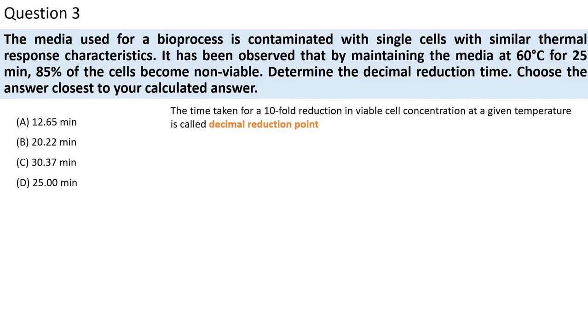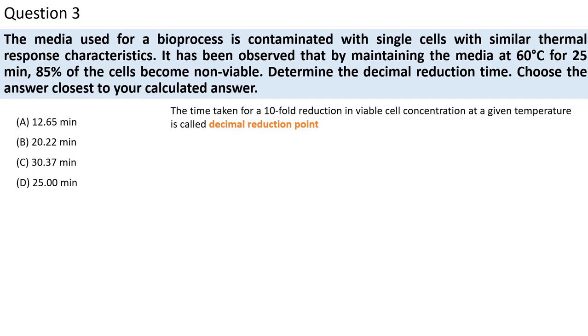So, for example, if you had 100 cells, and at the end of 10 minutes, the viable cell concentration has been reduced to 10, then 10 minutes is your decimal reduction point, because 100 divided by 10 is 10, that is the 10-fold reduction. Whatever time has been taken for this 10-fold reduction, that is called the decimal reduction point.